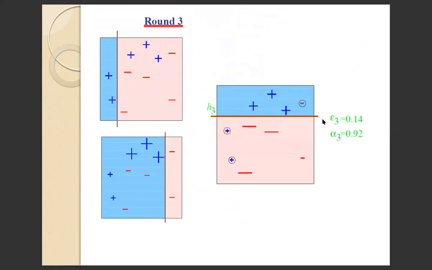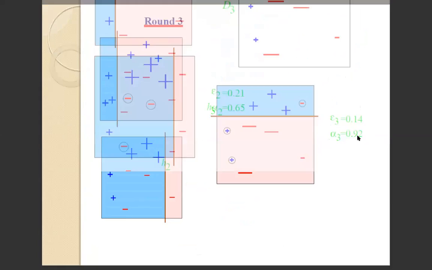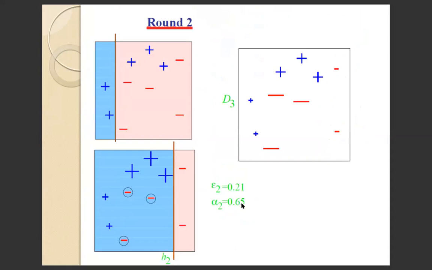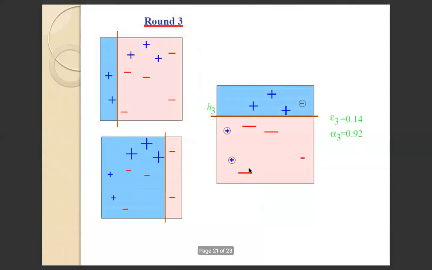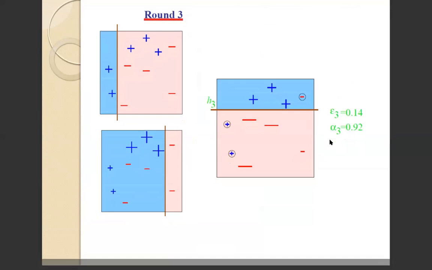This is the third weak learner. So you get this, right? So you look at this one. So now this alpha 3, the confidence is very high already. It's become 0.92. The previous one is 0.65 and the initial one is 0.42. So the confidence is improving.